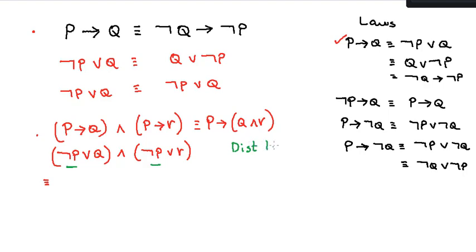It's simple, right? So you have to know what the distributive law is. If I write down A or B intersection C, according to the distributive law, it is A or B intersection A or C, right? So this is what the distributive law says.